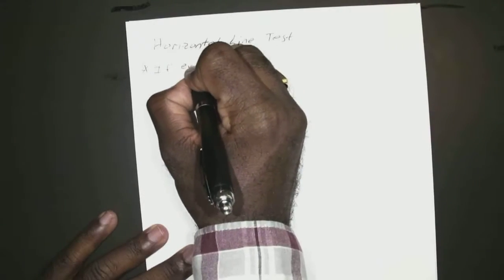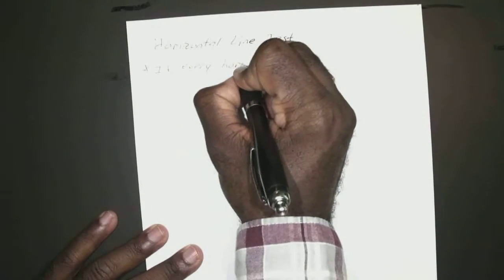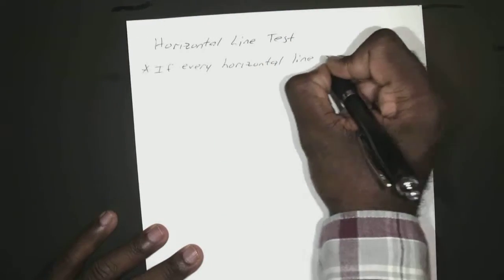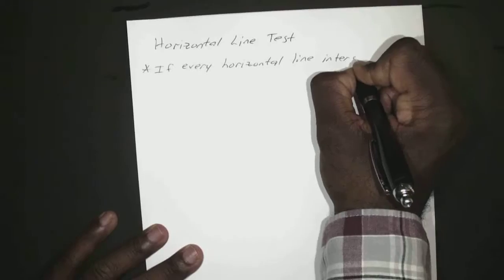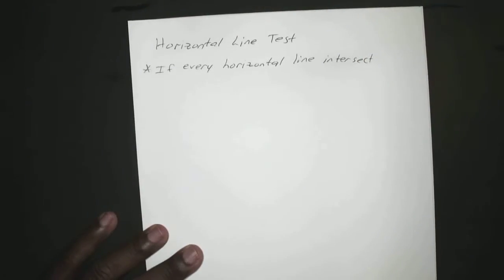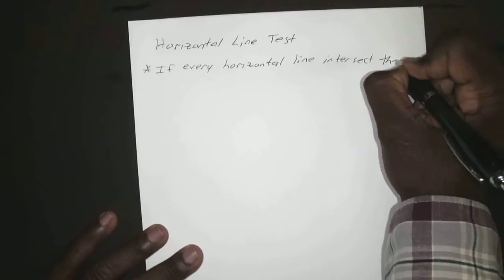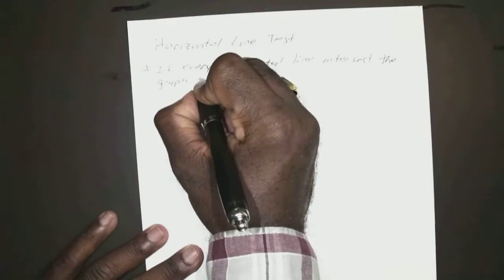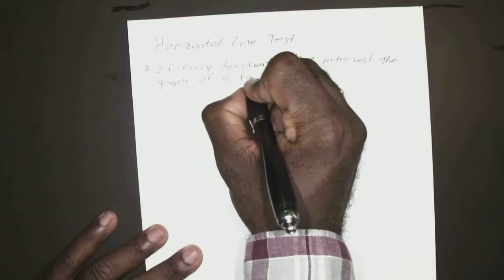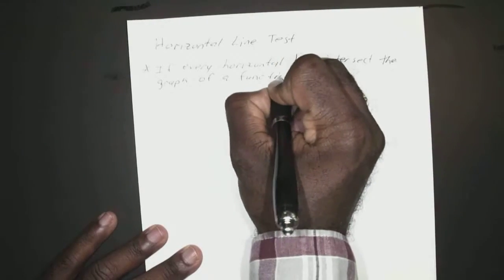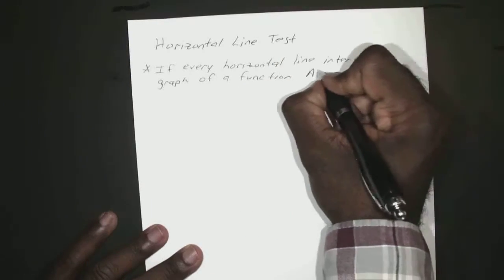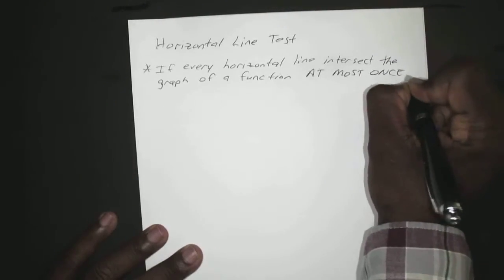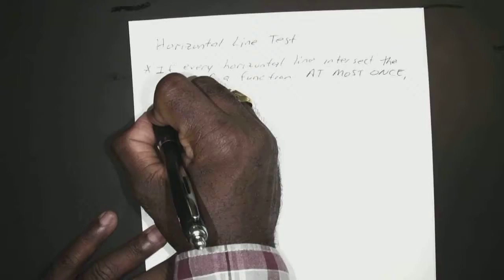So if every horizontal line intersects the graph of a function at most once, then the function is 1 to 1.